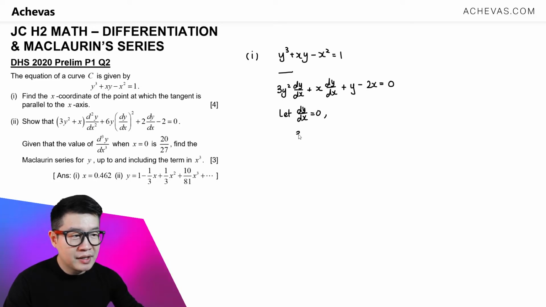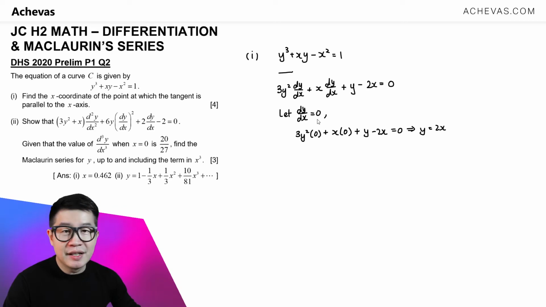What we will be getting is 3y squared multiplied by 0 plus x multiplied by 0 plus y minus 2x equal to 0. So we get the equation y equals 2x. That means for this curve, whenever y is equal to 2x, we are going to get dy/dx equal to 0.